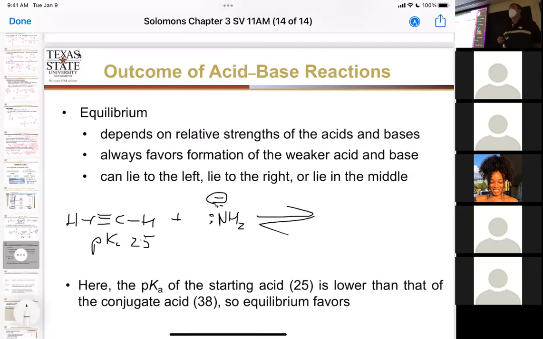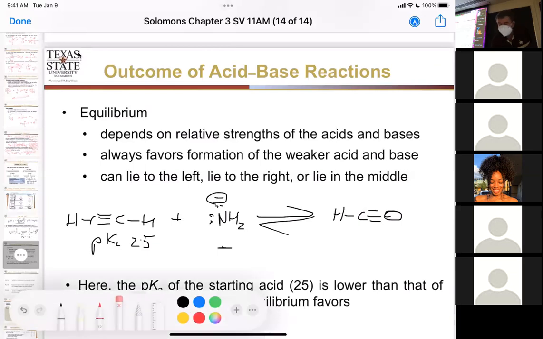Now we could actually calculate our pKb or our base strength, or we can just compare the acid strengths. But I only have one acid and one base here. We've got to finish the reaction, right? We have to transfer that proton.